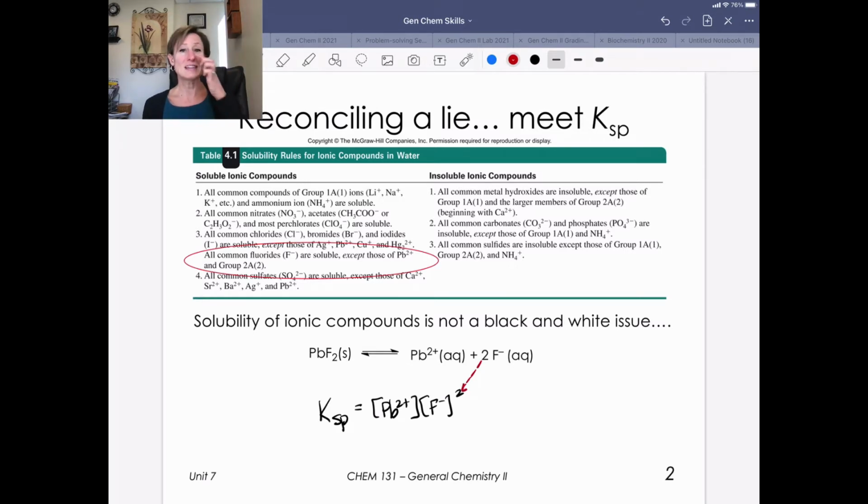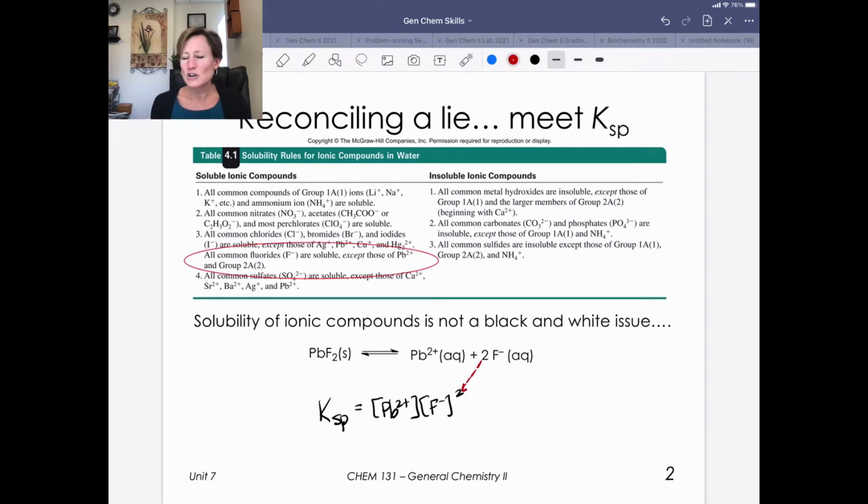So as we get to the end of this learning unit, we've actually spent most of learning unit 6 on acids and bases, and then most of the beginning part of learning unit 7 on either buffers or titrations, dealing with stoichiometry and coefficients that were generally 1.